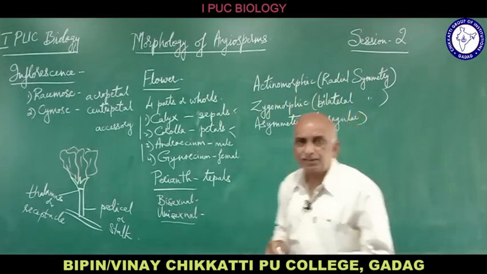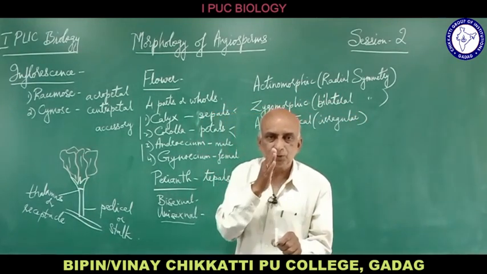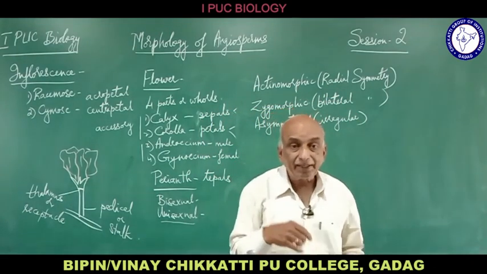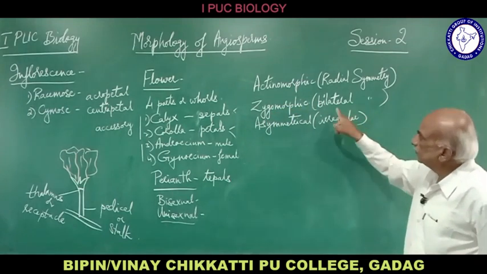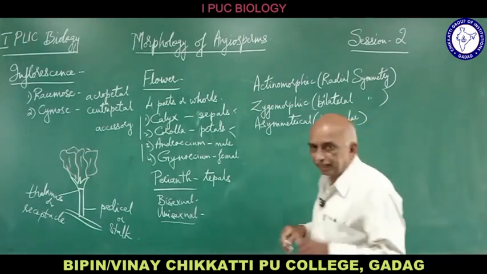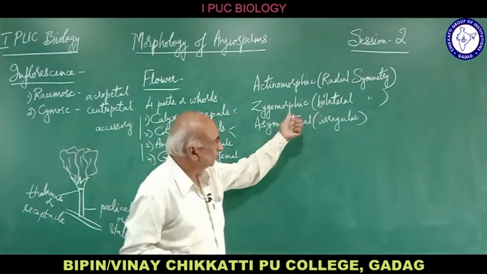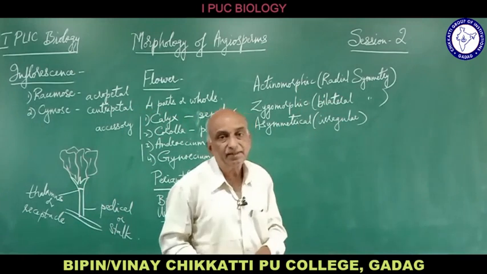Similarly, if we divide a flower into two equal halves through any plane, it is called an actinomorphic flower. Follow? And if the flower is divided only in one plane, it is a zygomorphic flower. So zygomorphic flowers are bilaterally symmetrical, actinomorphic flowers are radially symmetrical.